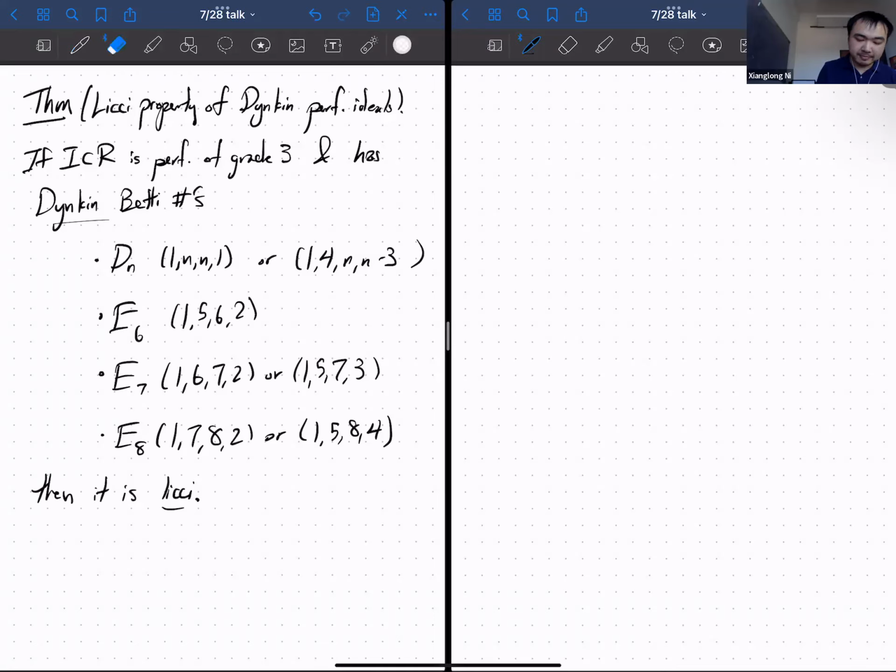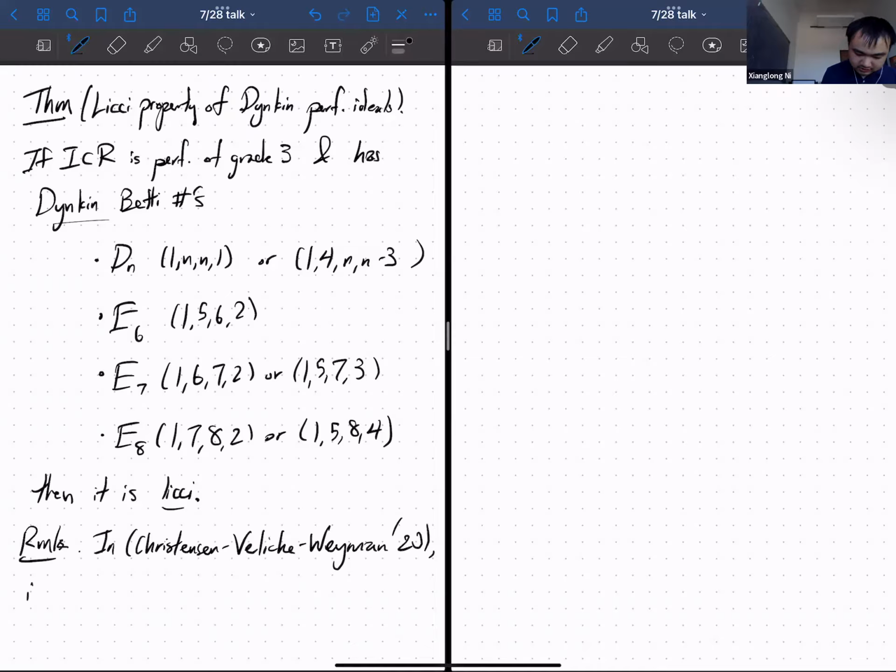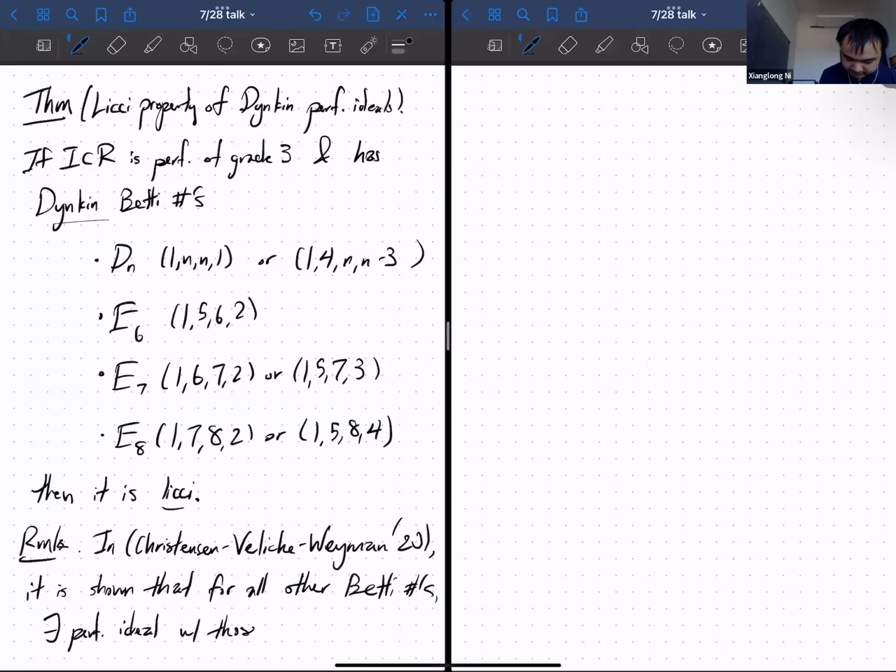And it's sharp in the sense that, remark, in Stinson, Lyman 20, it is shown that perfect ideals, that for all other possible Betti numbers, there exists a perfect ideal with those Betti numbers that is not licci.